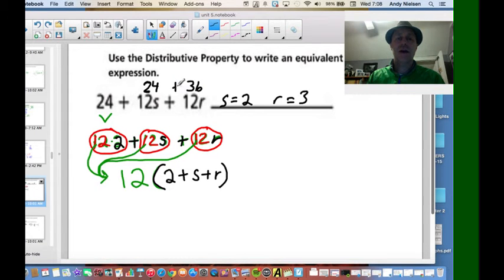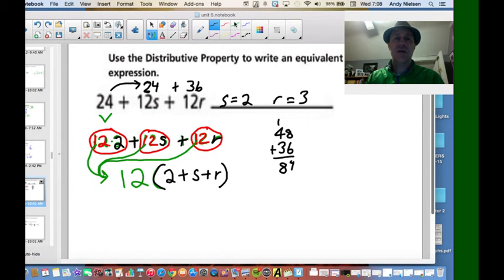So I want to add up 24 plus 24 plus 36. Well, 24 plus 24 is 48. And 48 plus 36 is going to give me 14. Carry the 1. And I have 84. 48 plus 36, 84.